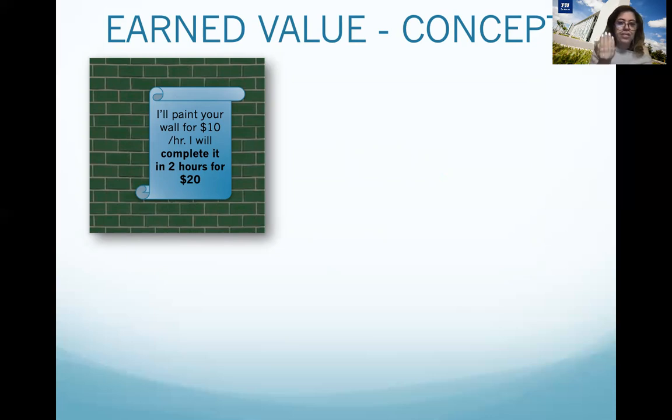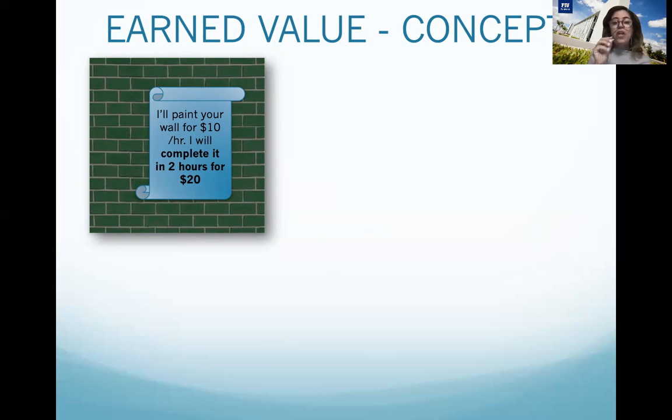As you can see here, we have the budget at completion, which is $20, and it's also the cost baseline, just $20, and the duration of the project is 2 hours. So we have a lot of information here to define and control the work performed.